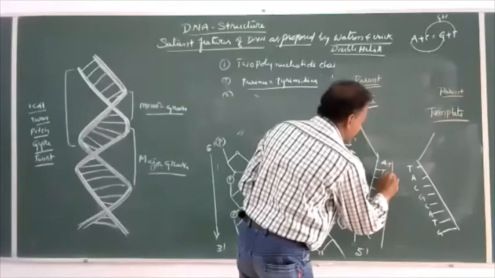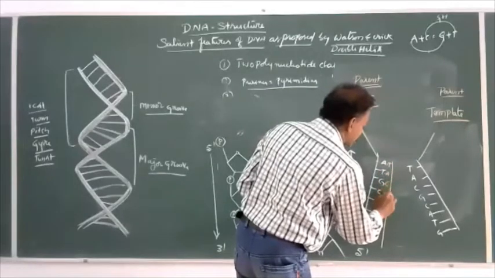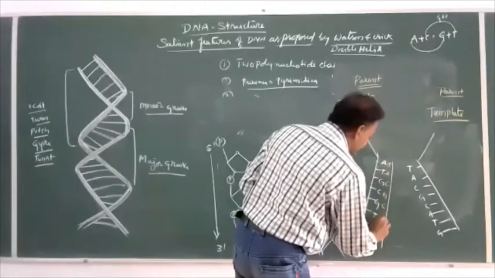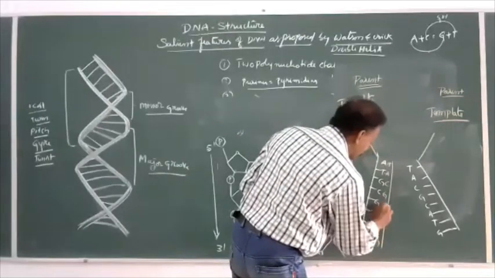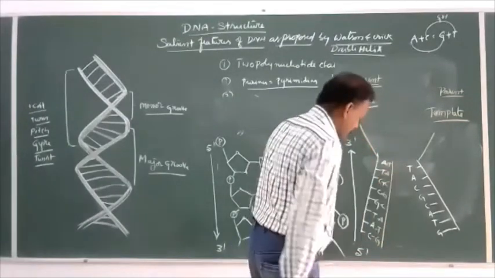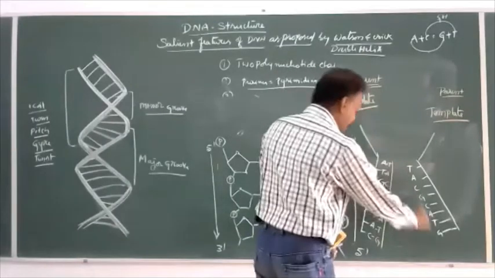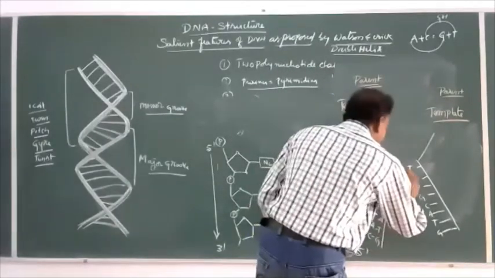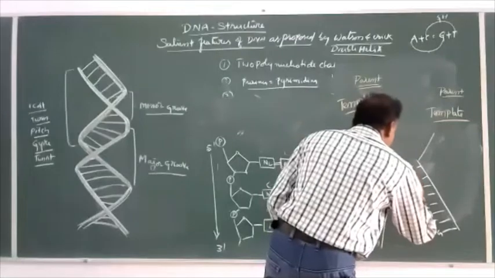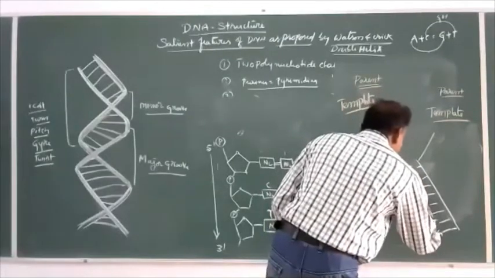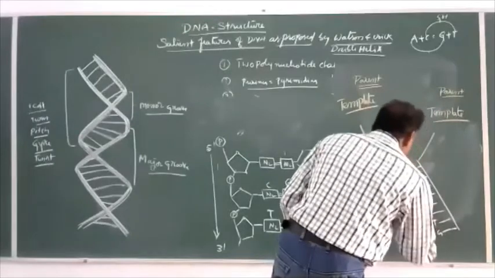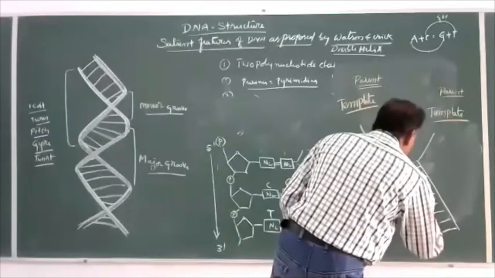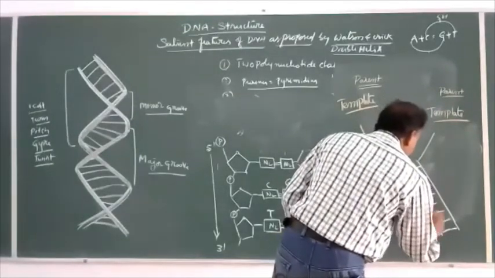T, T, A, G, C, C, G, G, C, T, A, A, T, C, G, bonds. Here another same A, T, G, C, G, T, A, C, bonds.